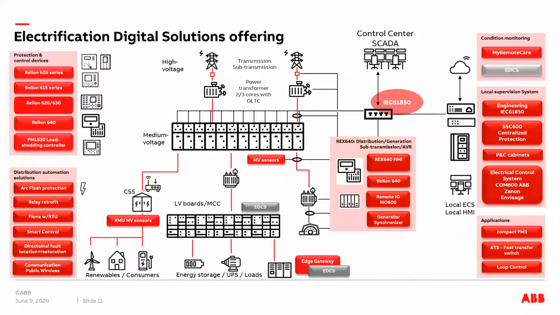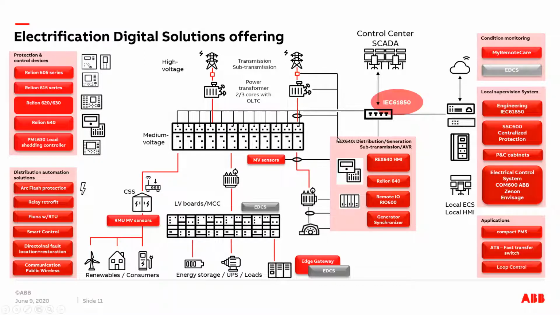Excuse me. So here is an overall view of the different devices and the solutions we can offer for digitizing the switchgear all the way from sub-transmission level into the distribution level, and of course to the low voltage network. So we have different control and protection devices, standalone devices, and also all-in-one devices. I have more details in the upcoming slide.